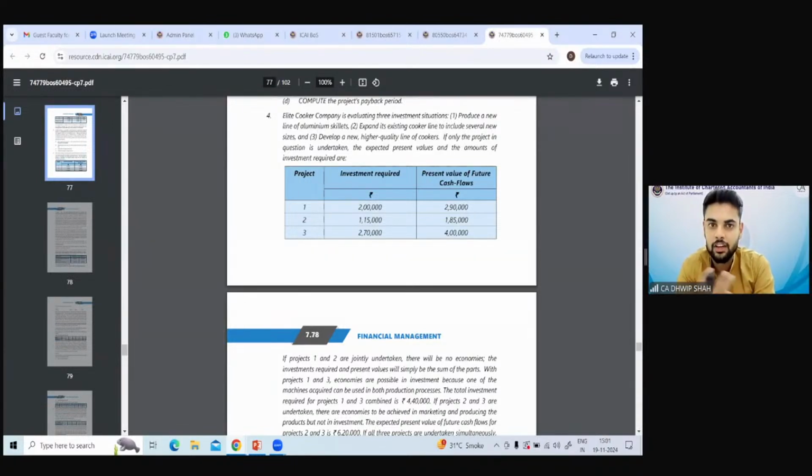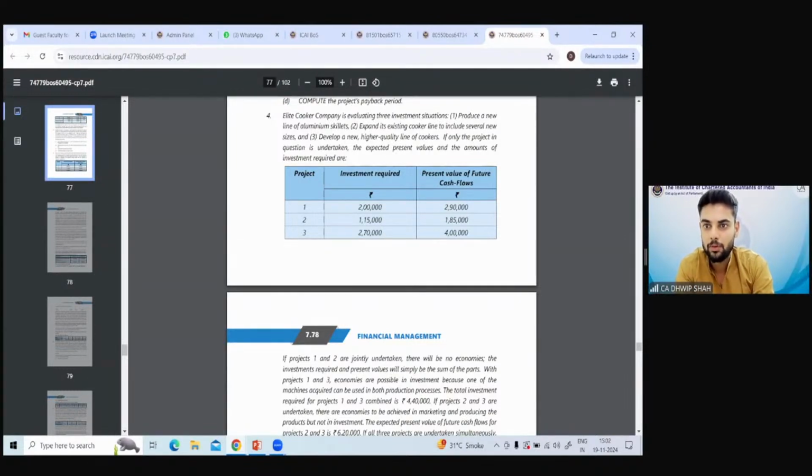So there are 3 investment options available with the company. Number 1, producing a new line of aluminum skillets. Second is expansion of the existing cooker line. And third is to develop a new high quality line of cookers. So these are the 3 investment projects that the company is contemplating.